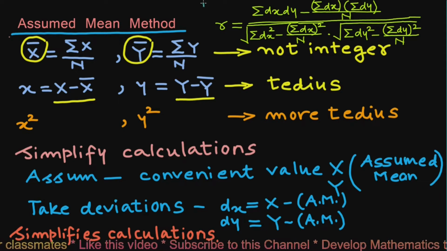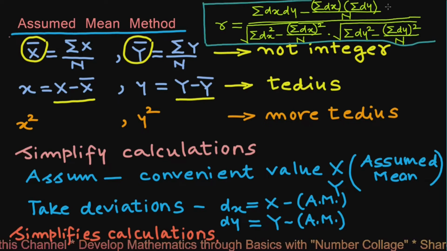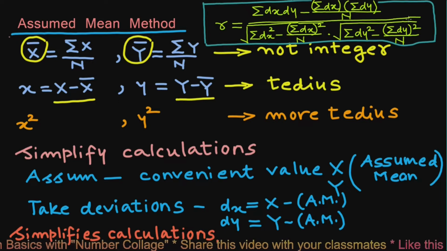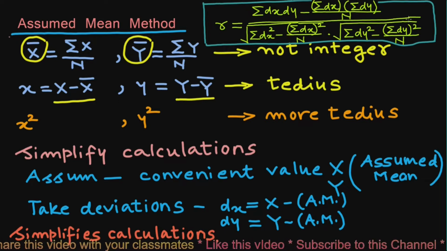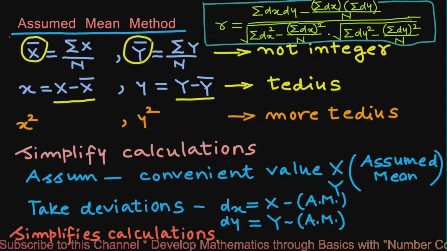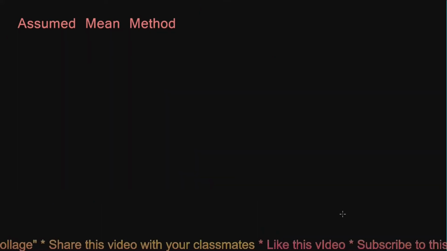So by using this modified formula for r, we can find Karl Pearson's coefficient of correlation. We will see one example and find out how the calculations are simplified by using assumed mean method. We are going to find the coefficient of correlation for the prices in rupees and the sales units.